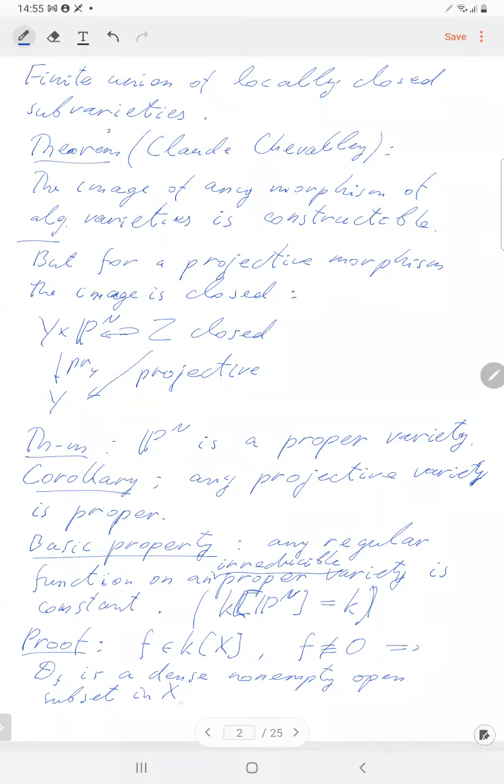Okay, so on this open subset, I can consider the function 1 over f, and let's consider the graph of 1 over f, gamma of 1 over f.